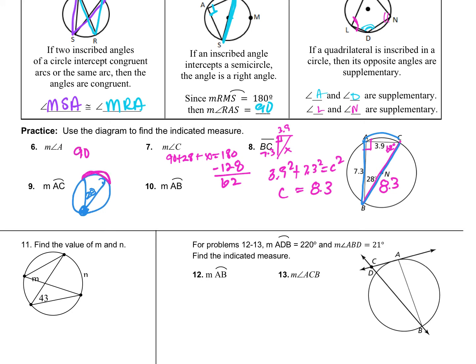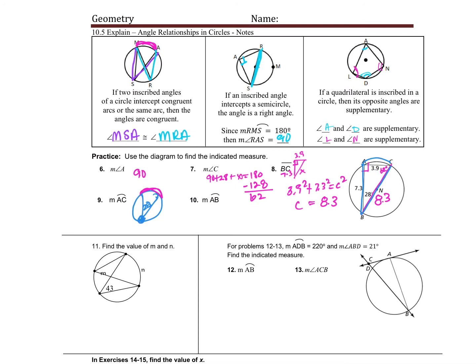Remember, since it's on the circle, you're going to do the angle equals the arc divided by 2. So I have 28 equals the arc divided by 2. Multiply both sides by 2. A to C is going to be equal to 56 degrees. Now, let's look at A to B. So, there's a couple ways that you can do that.